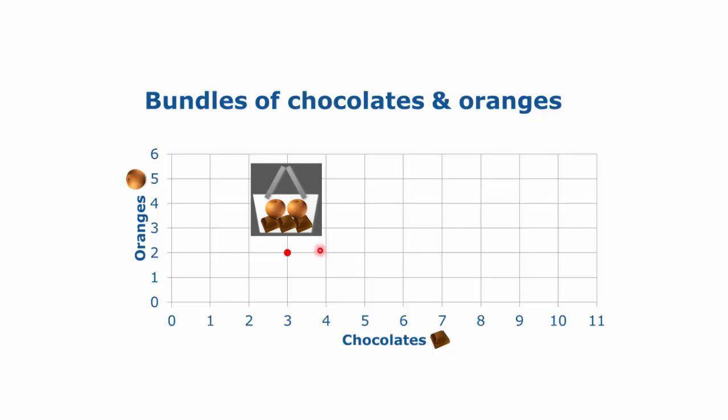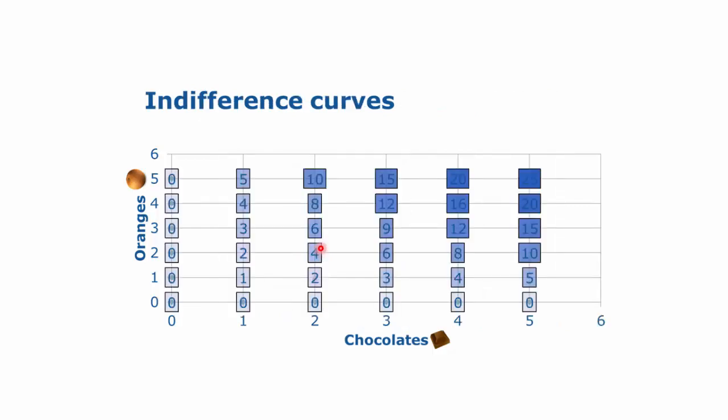And the word that we use for happiness in economics is utility. Each of these different bundles of consumption is going to generate a certain level of utility for me. And so what I'd like to do is map out the utility levels generated by each of these different bundles of consumption.